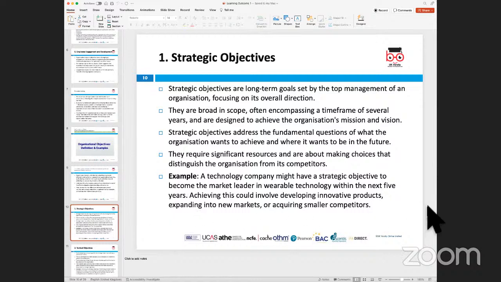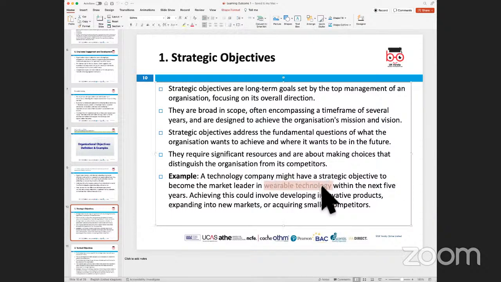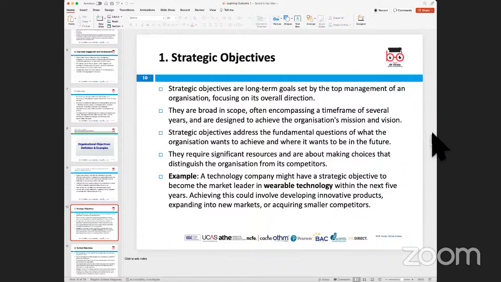So these are broad, long-term aims that define the future state of the organization. An example would be a technology company which might have a strategic objective to become a market leader in wearable technology. If you see Apple introduce the iWatch, what it wants to do over a point in time is be a significant player in the wearable technology market.